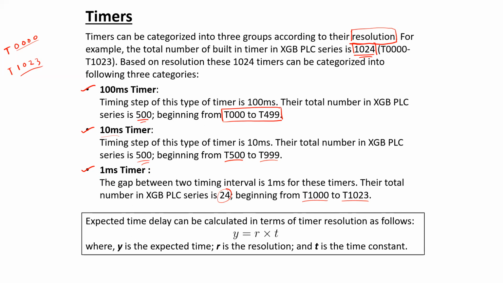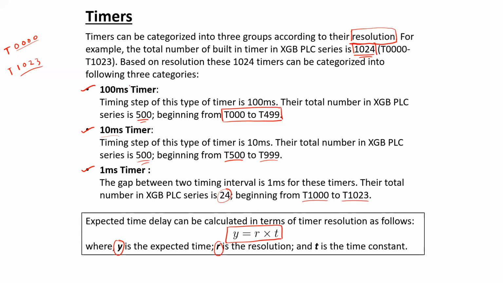Now in order to generate a specific amount of time delay, this relationship can be used, which is quite straightforward. Here y represents the expected time, or the amount of time delay to be generated. R is the resolution, and T is the time constant.